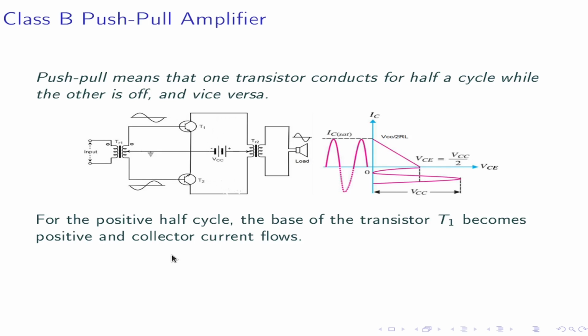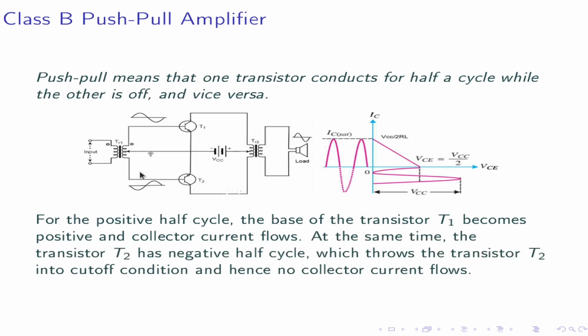Here, for the positive half cycle, the base of transistor T1 becomes positive and collector current flows. At the same time, transistor T2 has the negative half cycle, which throws transistor T2 into cutoff condition and hence no collector current flows. In the next half cycle, transistor T1 is cut off and transistor T2 conducts collector current.